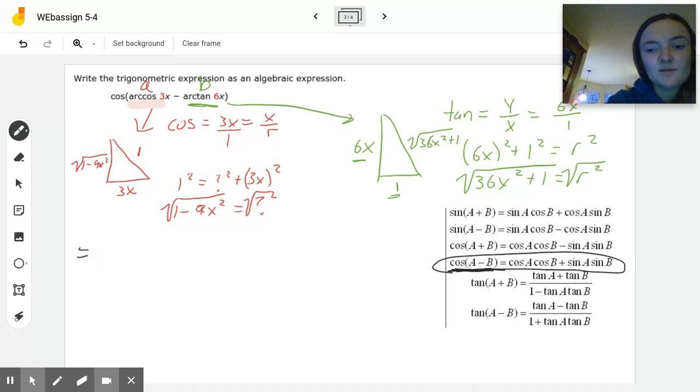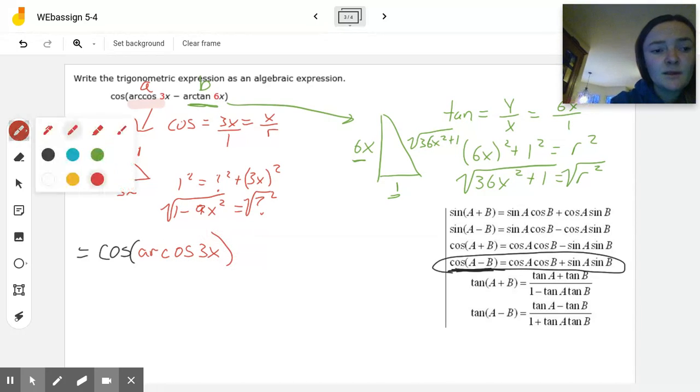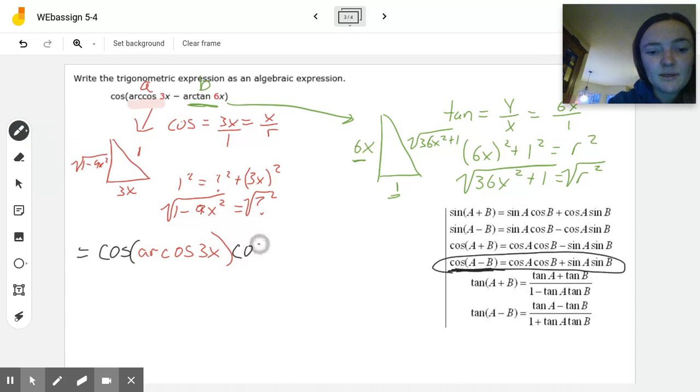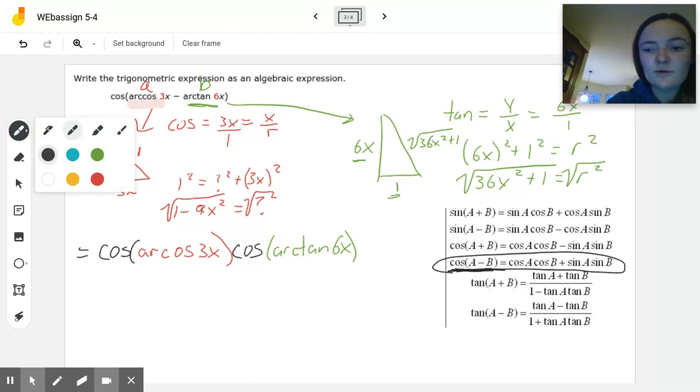So I'm going to say that this whole thing is equal to cosine of a times cosine of b. I know maybe this is annoying that we're keeping all these colors, but it really helps sometimes. So we're going to say cosine of arc cosine of 3x. And then we're going to get cosine of b. Well, cosine of b in this case is going to be arctangent of 6x. And as always, I'm going to run out of room.